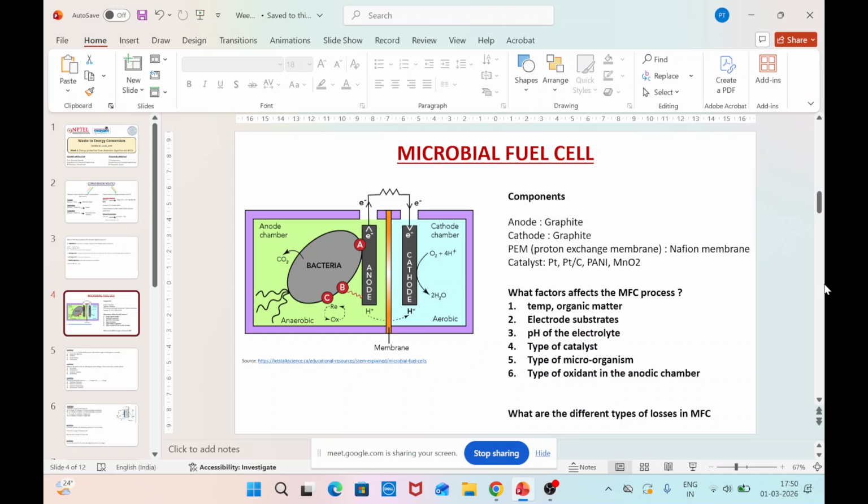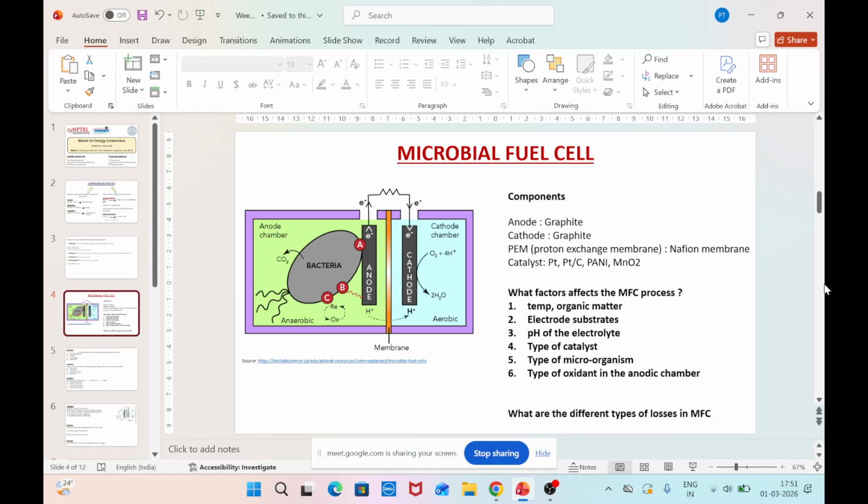So, before starting with the concept of microbial fuel cell, how many of you here know what a fuel cell is? Actually, a fuel cell is more of an energy generation device, where energy is produced. A fuel cell is an electrochemical device.